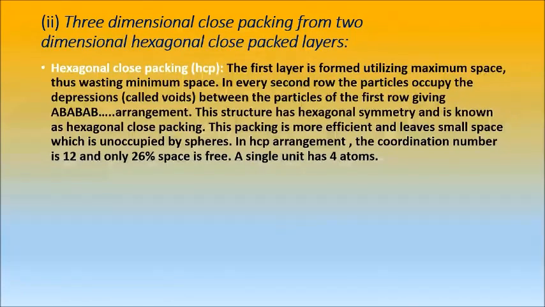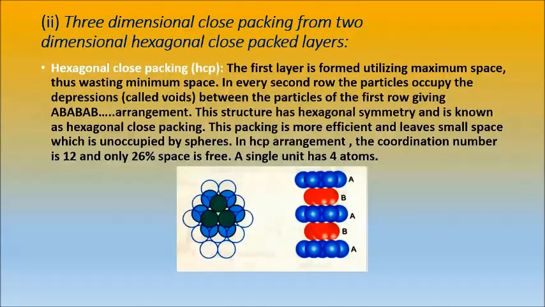This structure has hexagonal symmetry and is known as hexagonal close packing. This packing is more efficient and leaves a small space which is unoccupied by spheres. In HCP arrangement, the coordination number is 12 and only 26% space is free. A single unit has 4 atoms, and you can see the pattern of how it is forming.